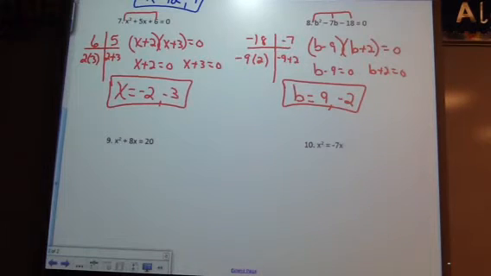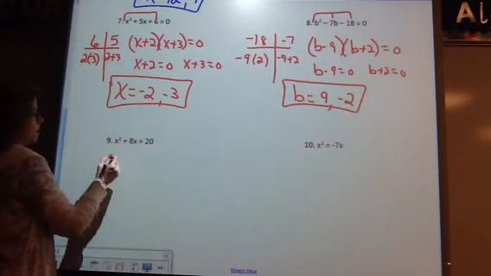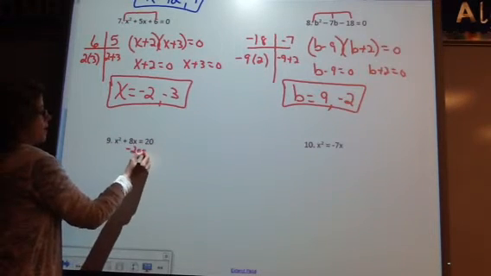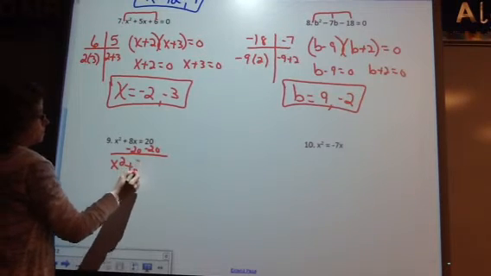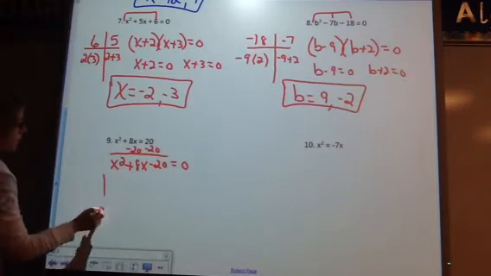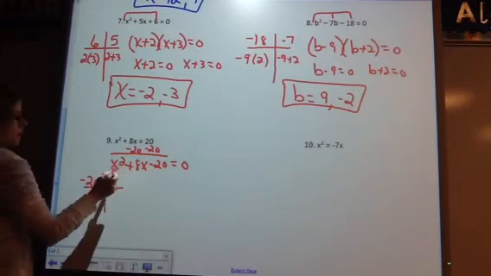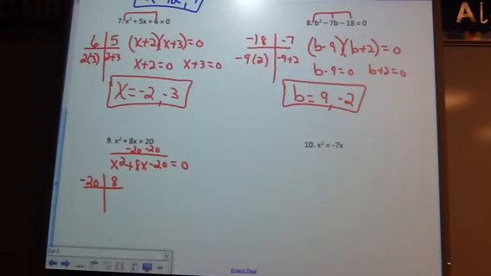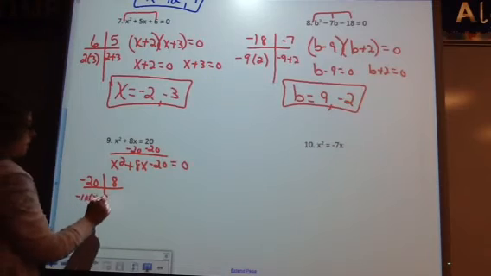Okay, last 2. Now, this one is not equal to 0, so we need to get it equal to 0. In order to do that, I need to subtract 20 from both sides because these are inverses. Okay, then I need to factor this. What can I multiply to get negative 20, but add to get a positive 8? Negative 10 times a positive 2 will give me negative 20.